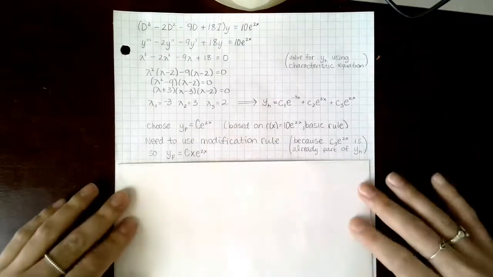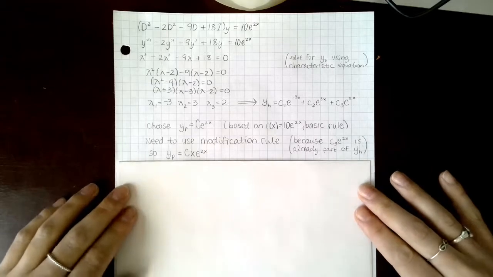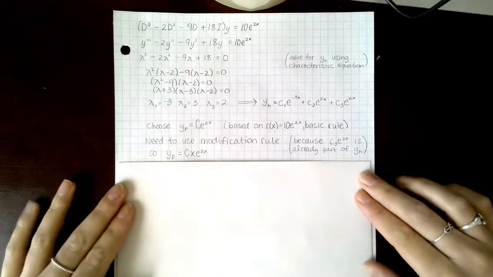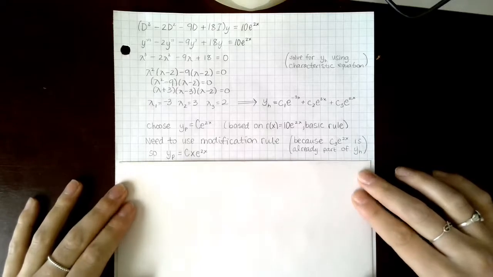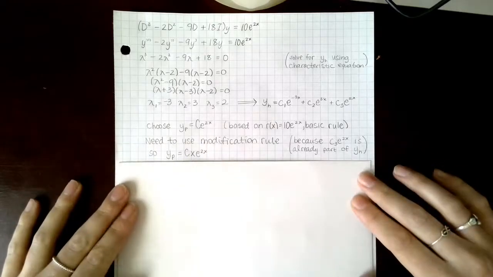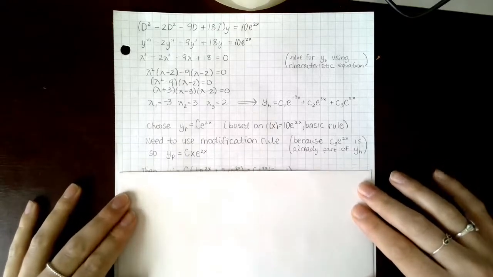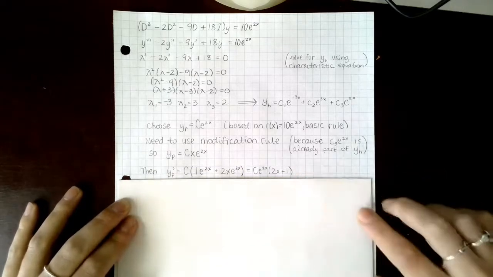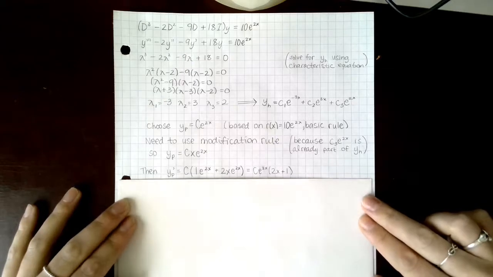Then we can go ahead and find each of the first, second, and third derivatives, and I encourage you to pause your video and try to do that part on your own. Coming back, assuming that you've had a chance to try some of that, we end up finding that y p prime is c e to the 2x times 2x plus 1.